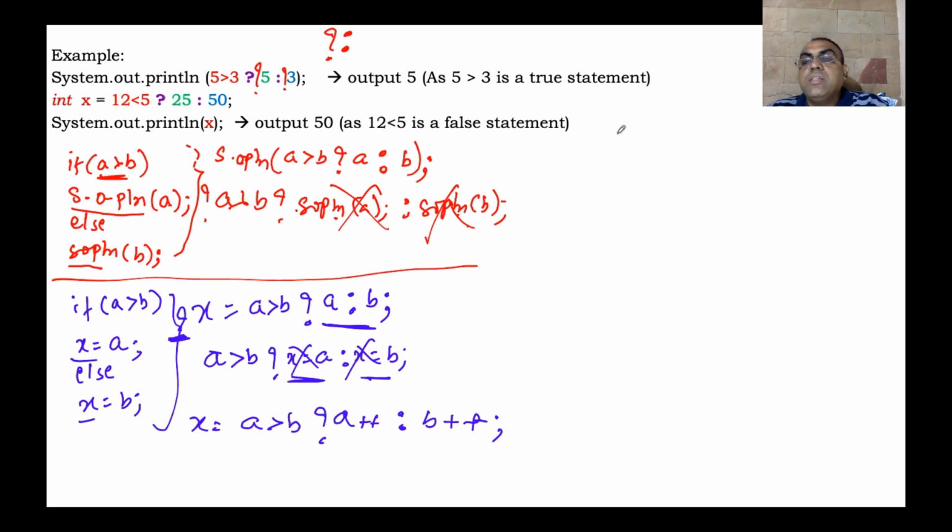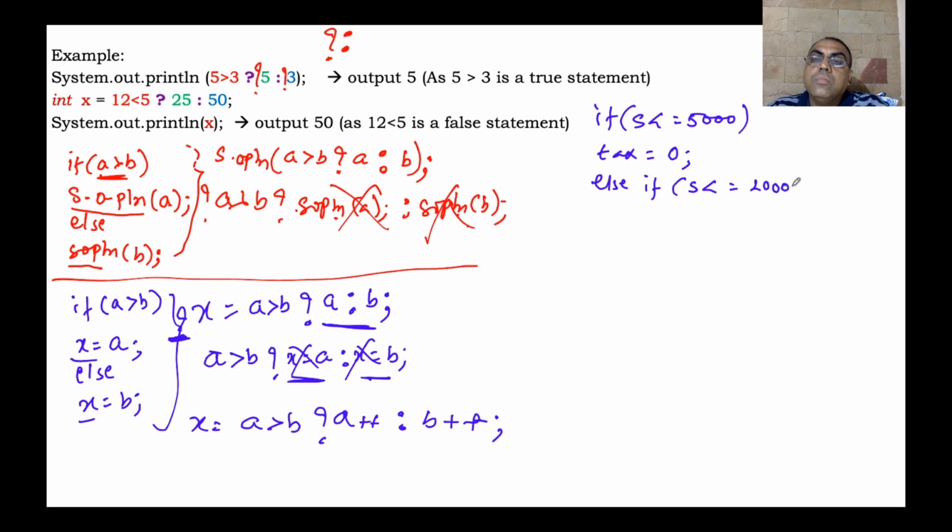Now if I take this statement here, let's say if salary less than equal to 5,000, then let's assume tax is equal to 0, else if salary less than equal to 20,000, then tax is equal to 0.05 into s, else tax is equal to 0.10 into s.